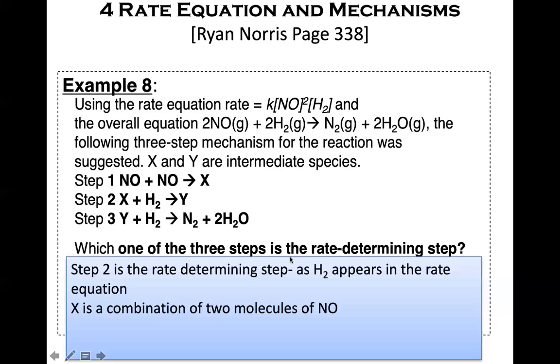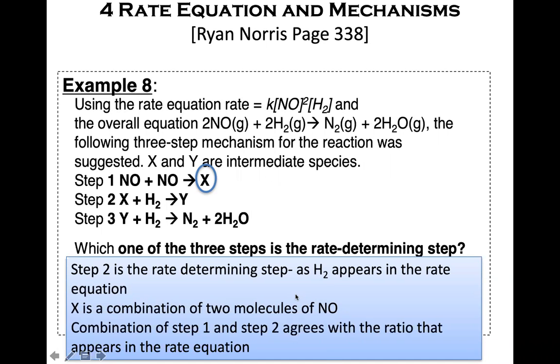So the combination of step 1 and step 2 agrees with the ratio that appears in the rate equation. X is 2 moles of nitrogen monoxide. That's why we have order of 2 in the rate equation. H2 is 1 molecule. That's why the order is 1.